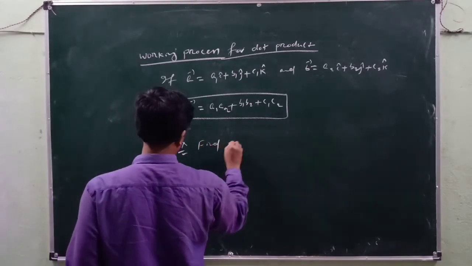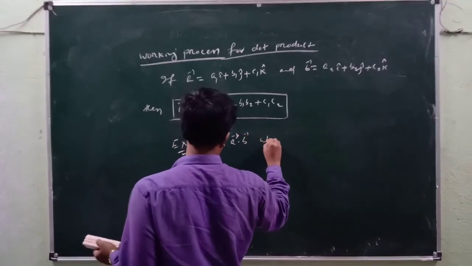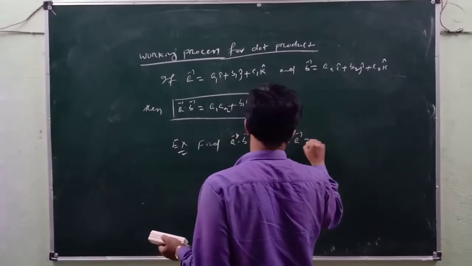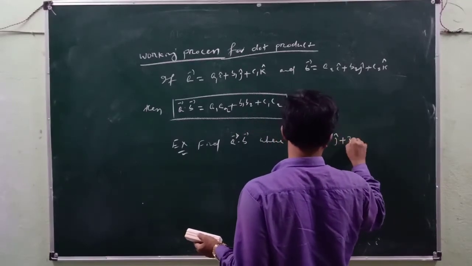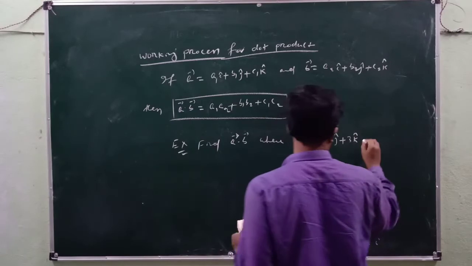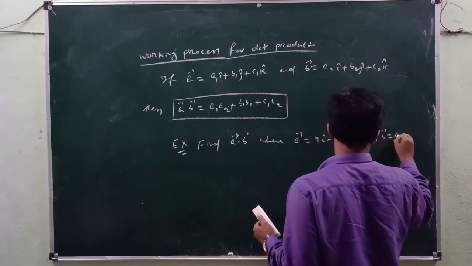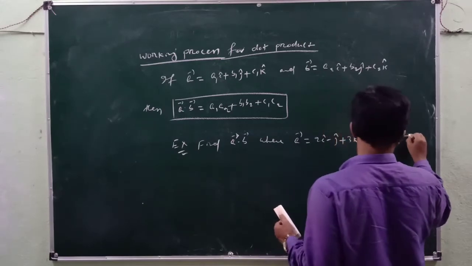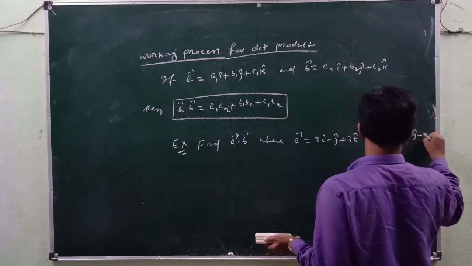find A vector dot B vector where A vector equals 2 I cap minus J cap plus 3 K cap and B vector equals 4 I cap plus 2 J cap minus K cap.